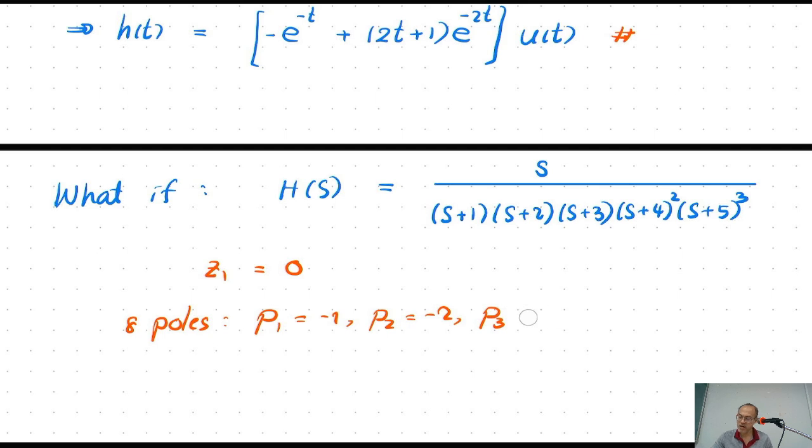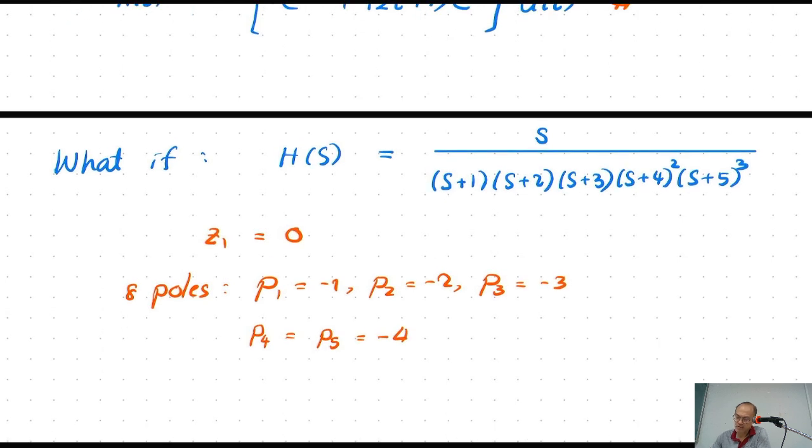So these are non-repeated poles because they are distinct. And the rest, another 2 are repeated 2 times. So P4 is equal to P5, which is negative 4. And the rest 3, P6, P7, and P8 are equal to negative 5. So these are all the poles in this function.